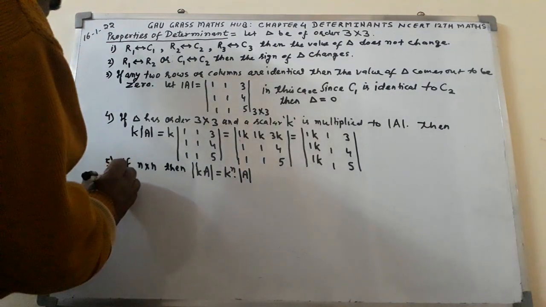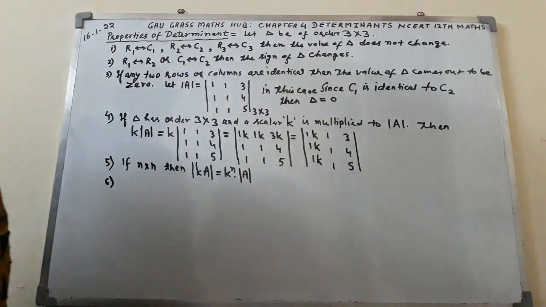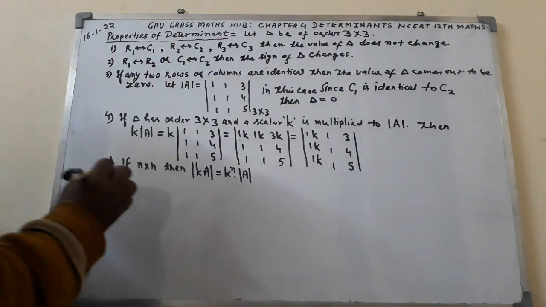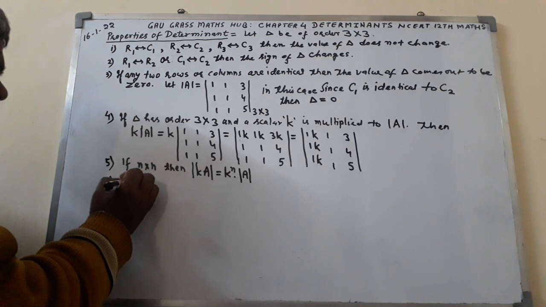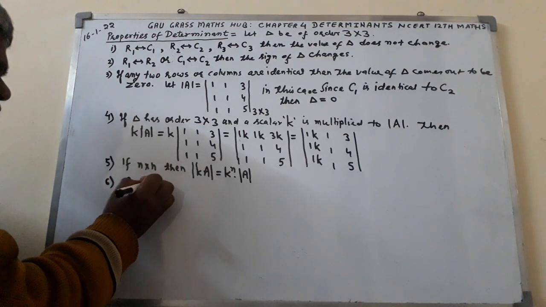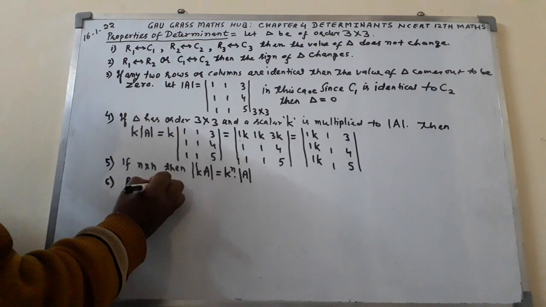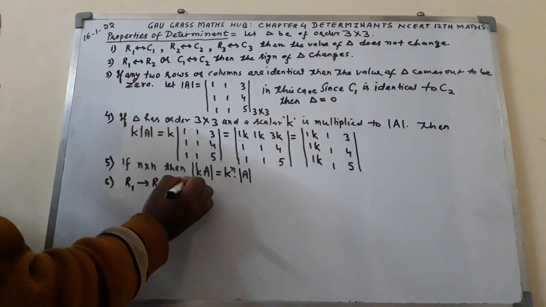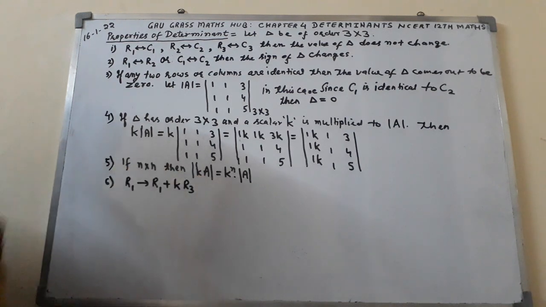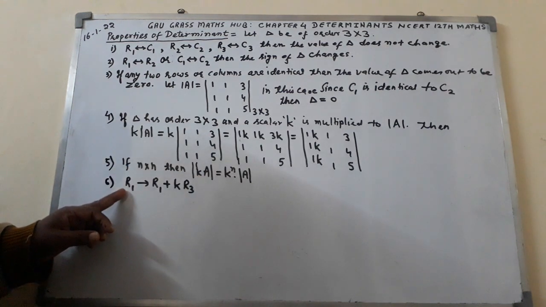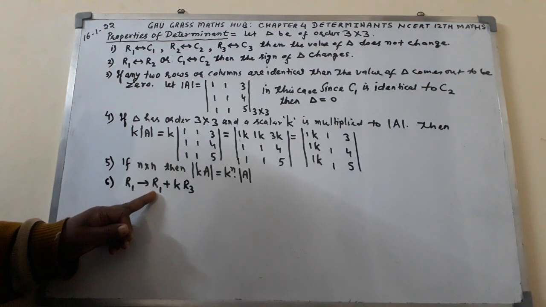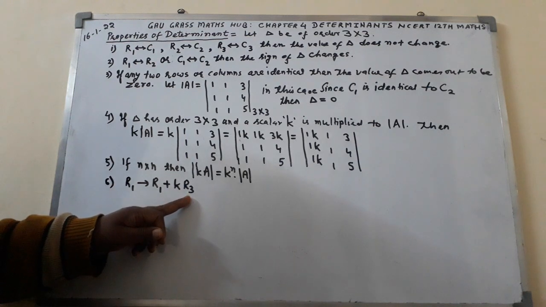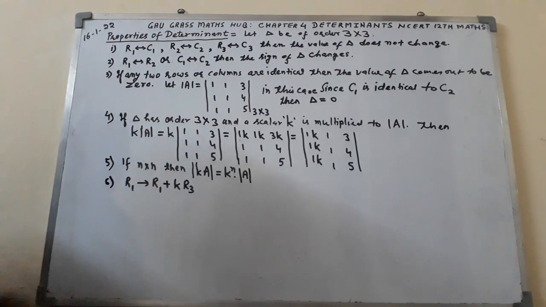Sixth property I am going to discuss here. R1 goes to R1 plus k times R3, where k is a scalar.